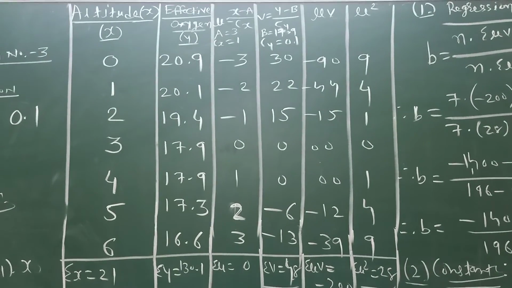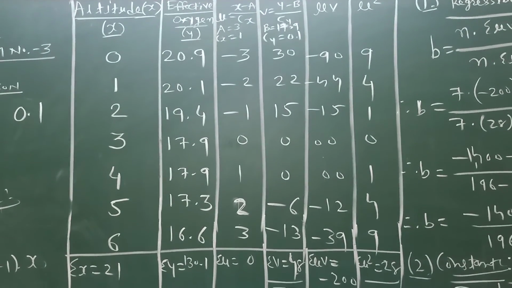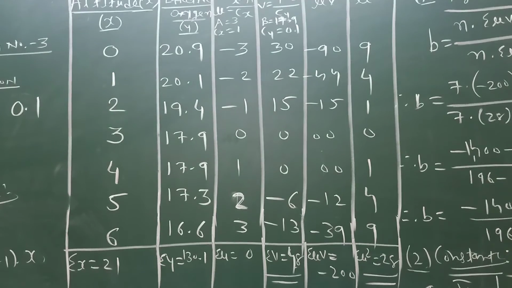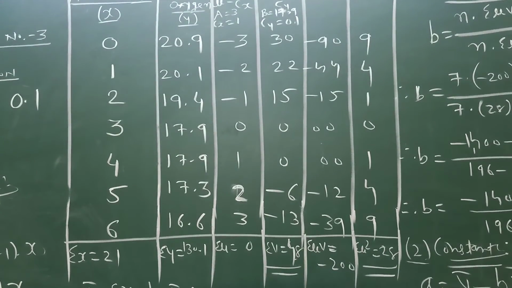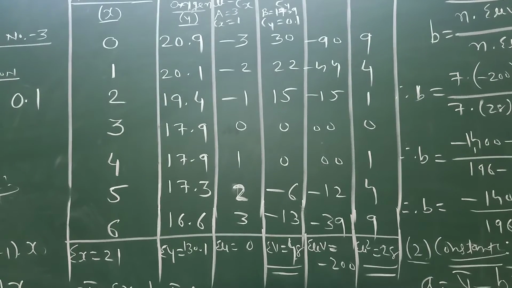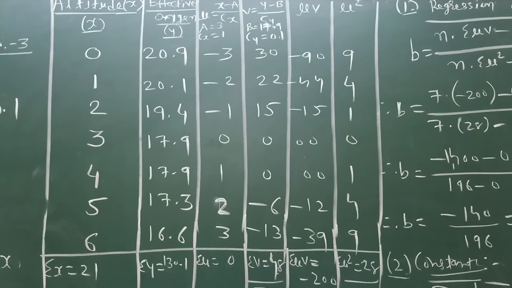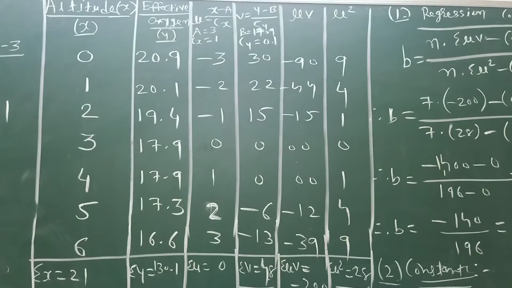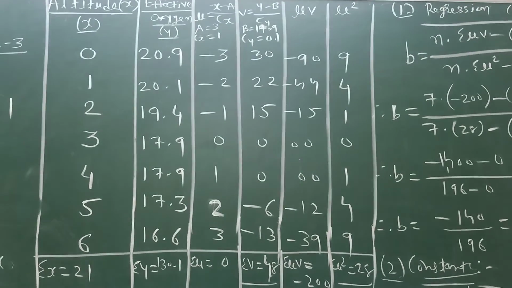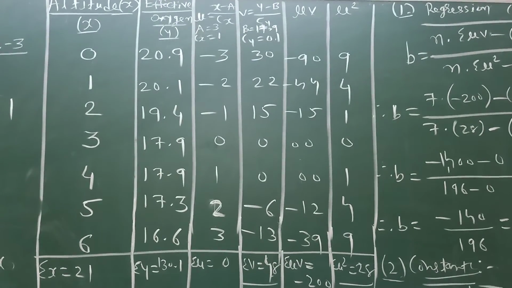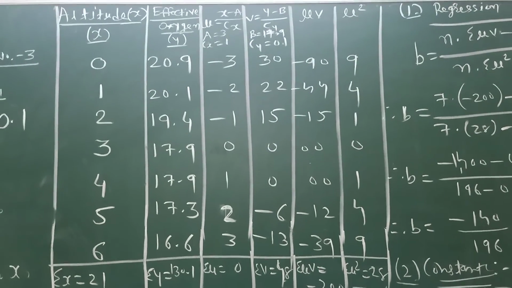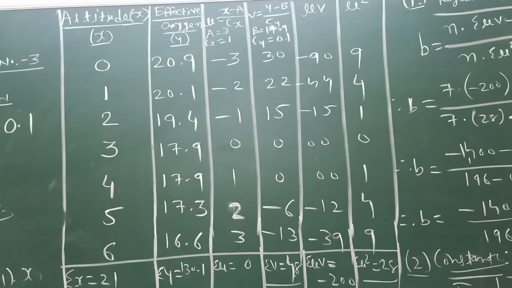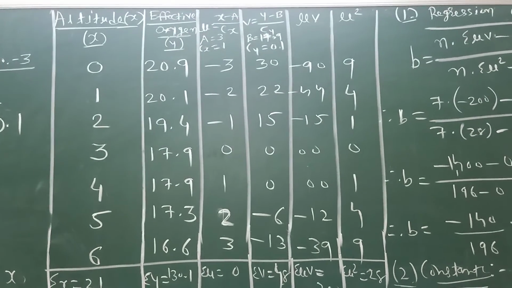We suppose A as 3, Cx is 1, all the digits of x are divided by 1 and all the digits of y are divided by 0.1, because after the point there is one digit, so 0.1. Additional 4 columns we prepare: u, v, uv and u square.